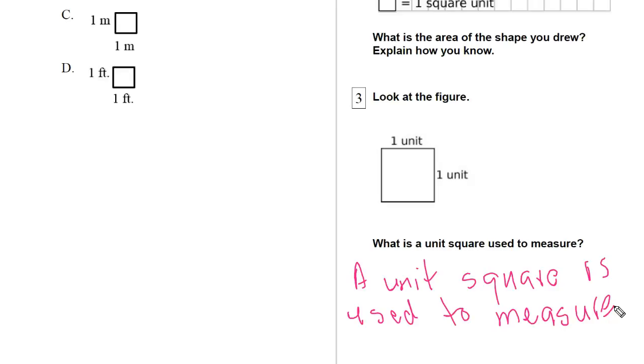So if I have a rectangle and I'm counting all the squares, what am I actually measuring? The area. A unit square is used to measure area.